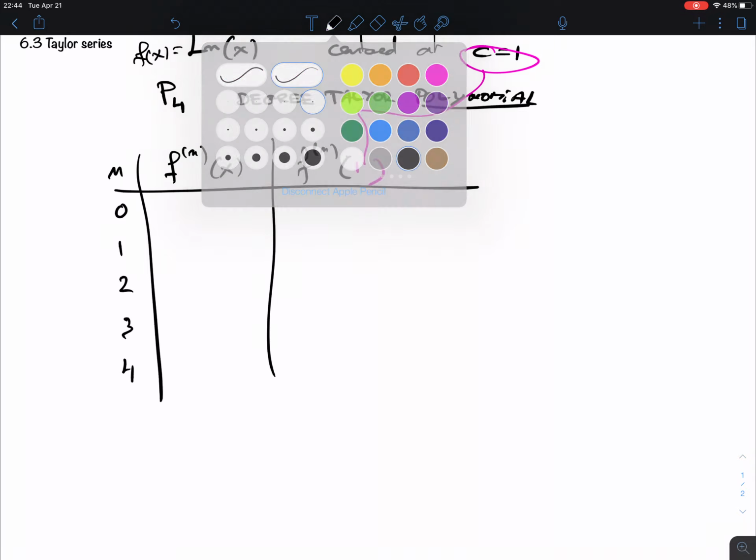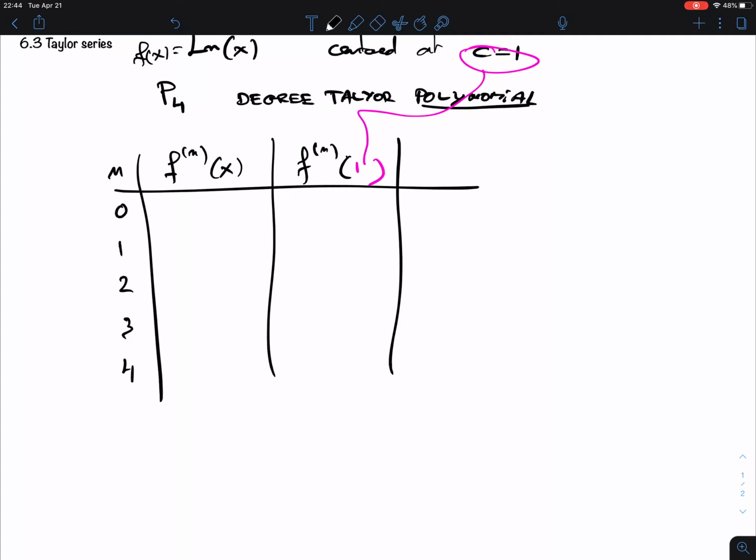And then the last column was basically the same, except we also divided by n factorial, because that's another thing that came into the picture. So the 0 derivative means just the function itself. That was ln x. So remember, how do you go from here to there, and then from there to there? That's always taking derivatives. So that's what we're going to do.